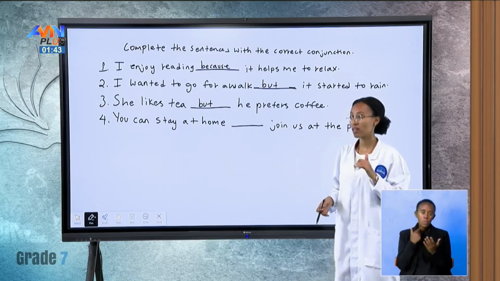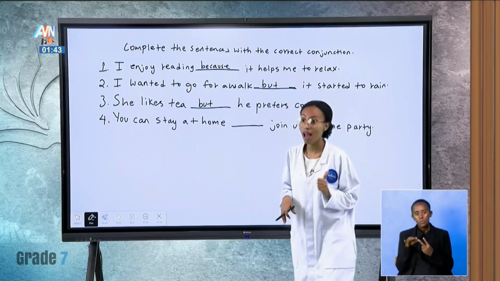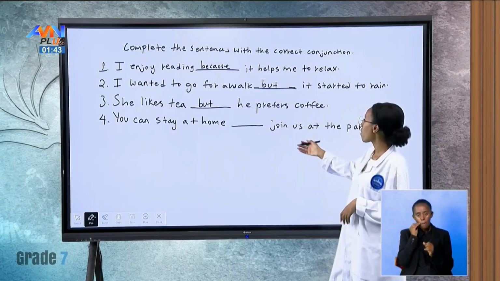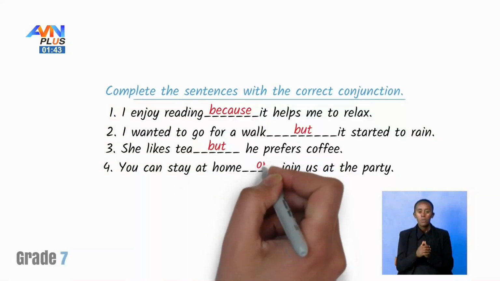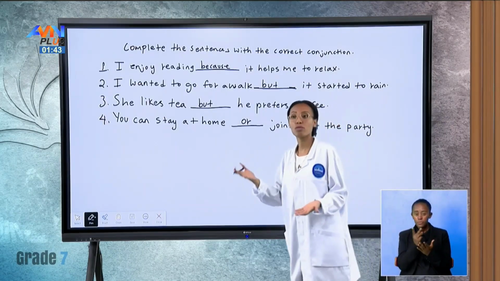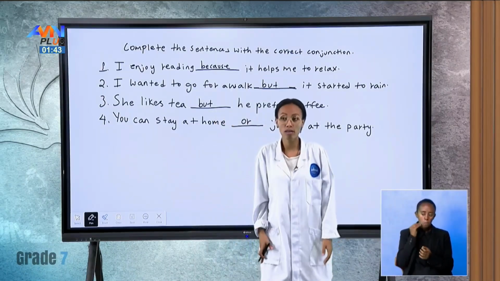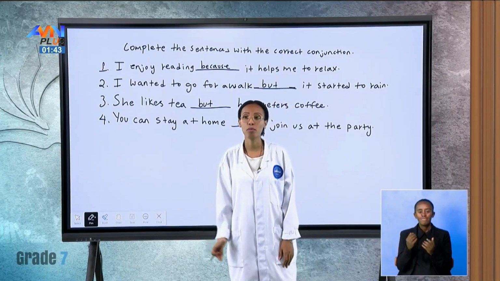So this one feels like it's giving what? An option. You can stay at home or what? Join us at the party. So two options or two alternatives. We could stay at home or you could be with us at the party.